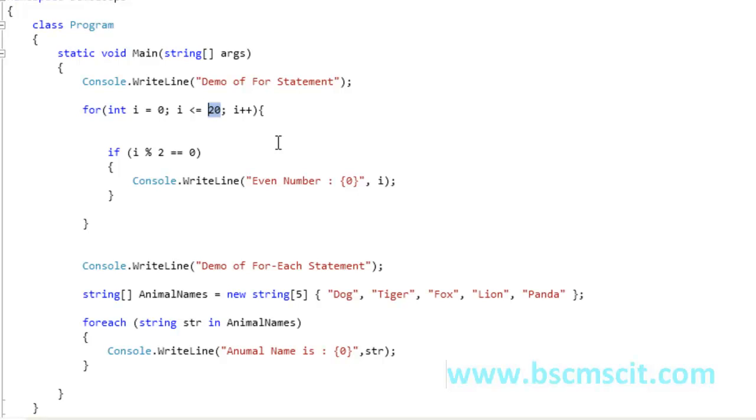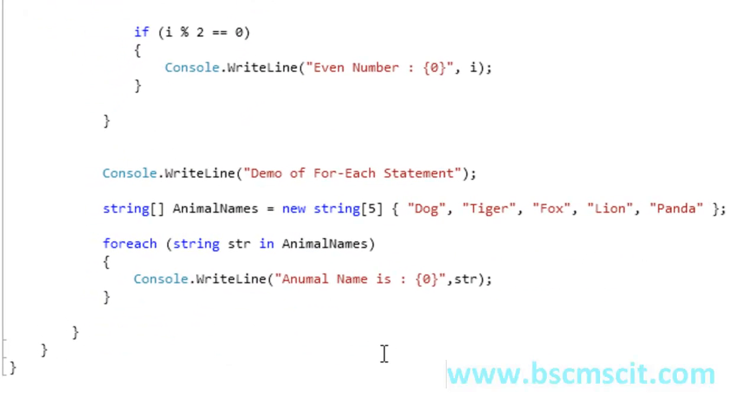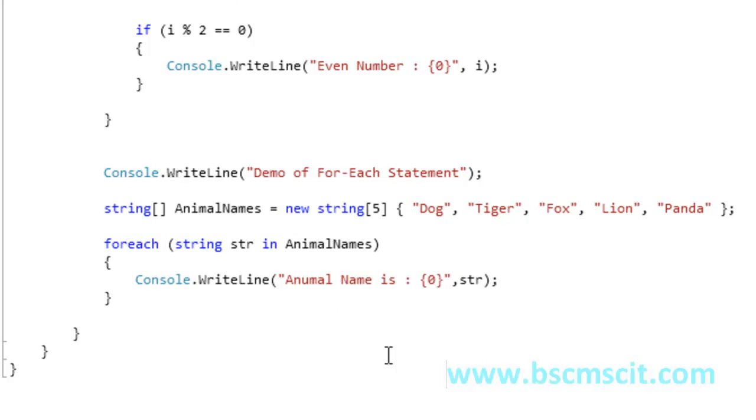Now coming to the foreach statement, when we have an array collection, a generic list collection, or other object collections, then it is best practice to use the foreach statement, because it iterates over the items present in the collection.